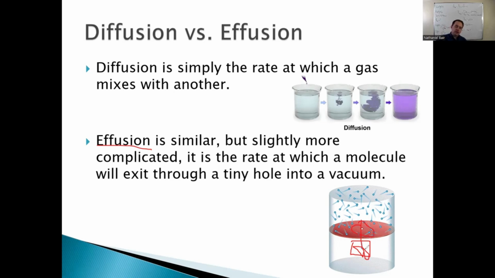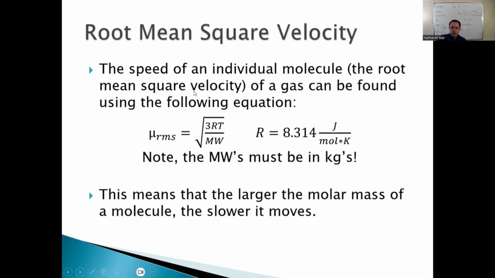So you have to have a vacuum on the other side, okay? There was a guy by the name of Graham who figured out how to predict how fast a gas will effuse, and then it can be extrapolated to diffusion.